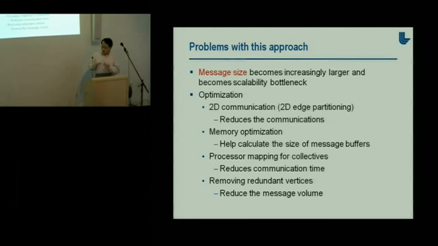We theoretically put upper bounds on the message size, which turned out to be great, so that we could save the memory space used as message buffer. We mapped the MPI tasks, the logical processes, onto the physical processors of BlueGene in such a way that you can take advantage of the fast interconnects. We also noticed that the level sets contain a lot of redundant vertices, and we get rid of them before sending them out.